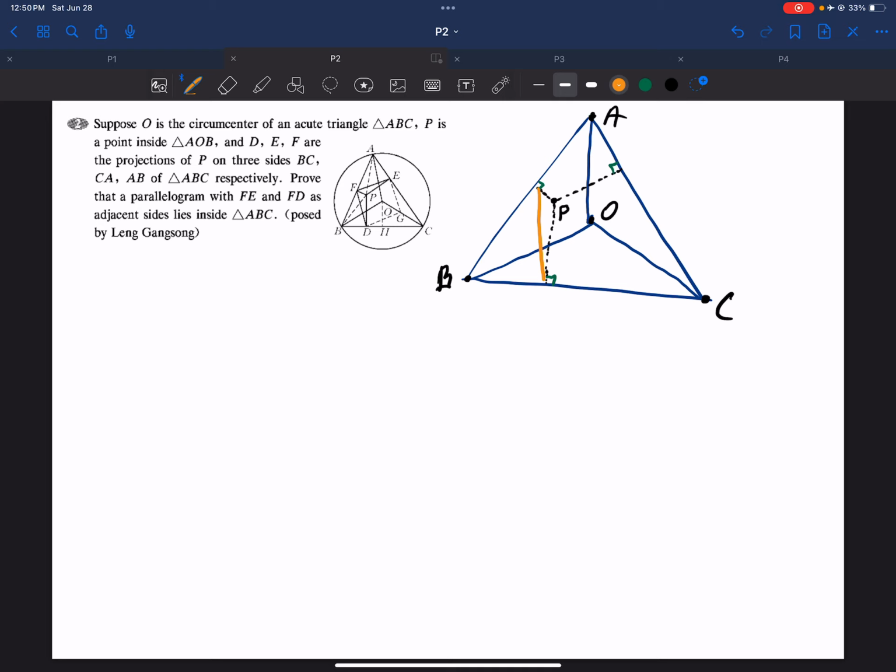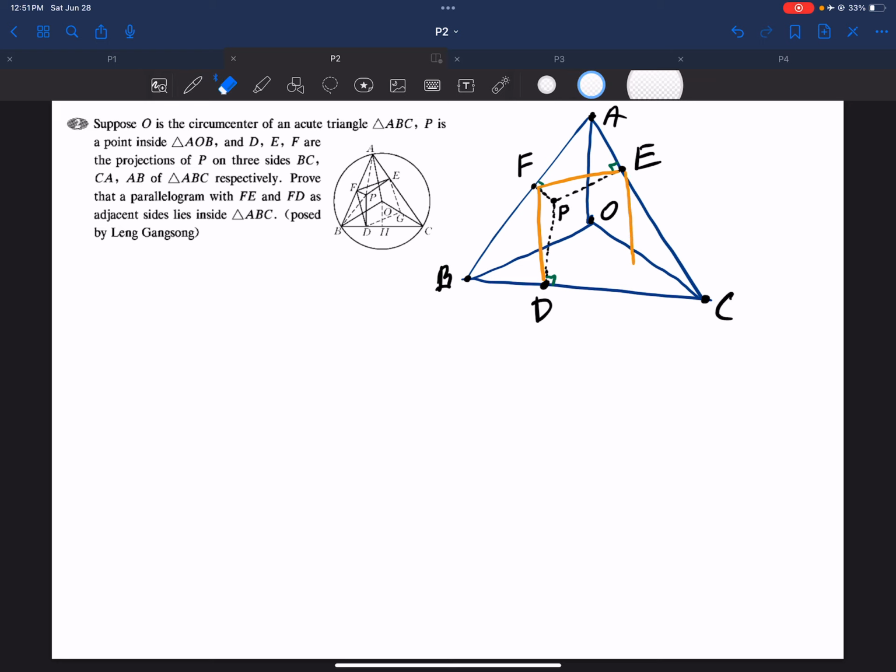These two segments, and continue them to a parallelogram, which means that, actually, let me write the names for these vertices. Like on the smaller picture, this is E, this is F, this is D. And then we draw another segment which is parallel to FD. Like this.